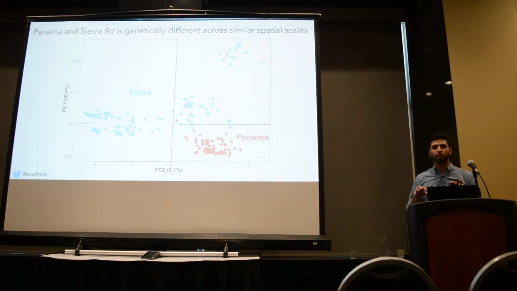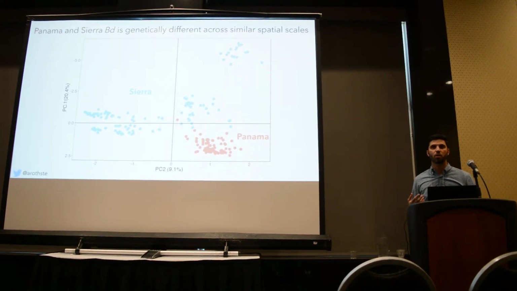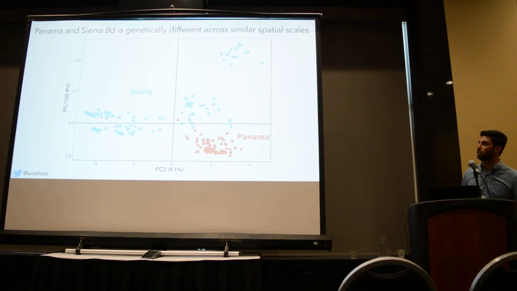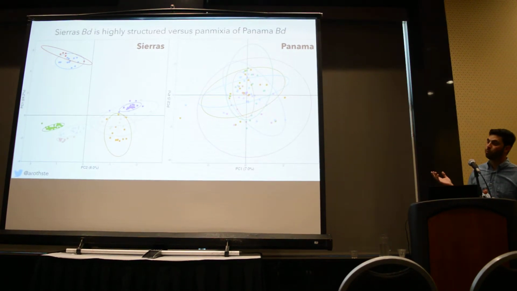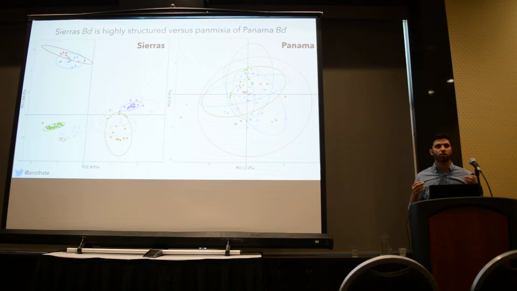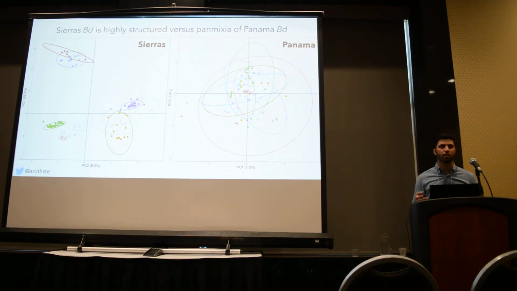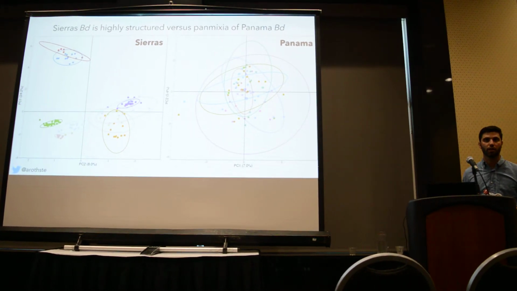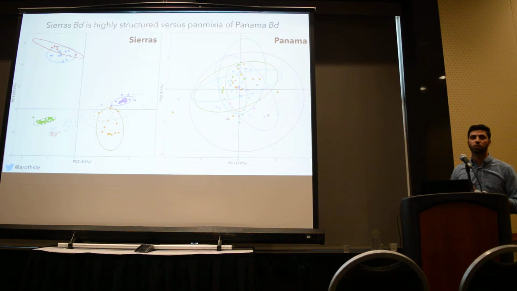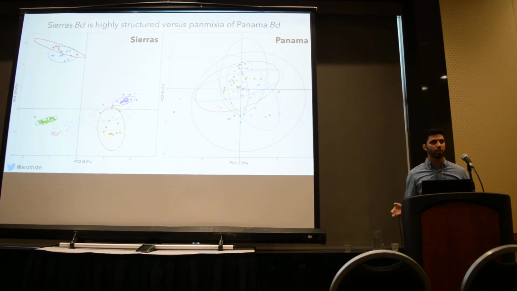zoom in a little bit on each of these different localities and see what kind of variation or differentiation we can find. So on the left we have the Sierras PCA, and on the right we have the Panama PCA, and all the colors are just those different sites across the study area. And what we find is that the Sierras is highly structured, and the Panama is sort of a panmixia of all these BD genotypes.